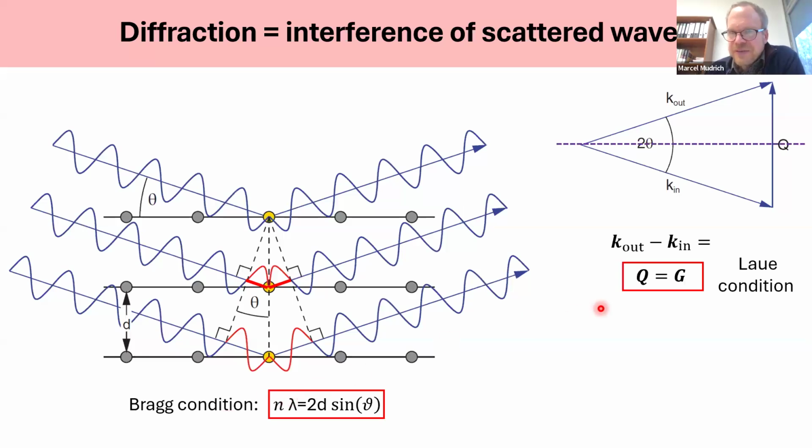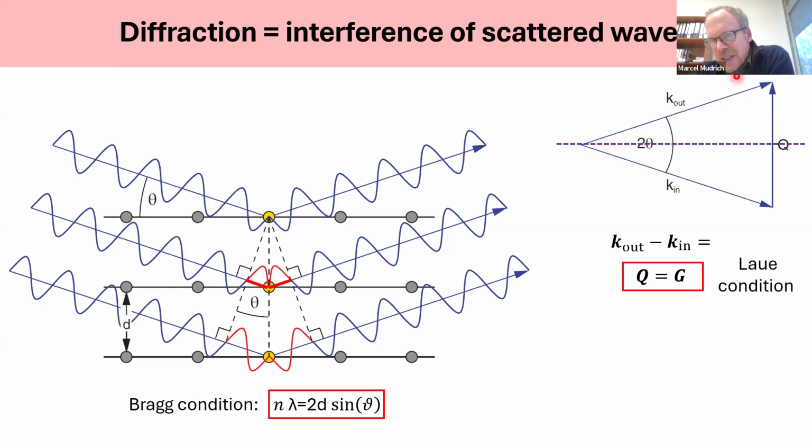And this Bragg condition can actually be formulated in a different way, namely the so-called Laue condition, which we can relate to the Bragg condition by considering the k vectors. The k vectors are the wave vectors of the incident light field and the diffracted light field, so k_in and k_out.